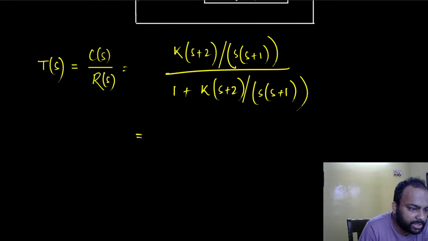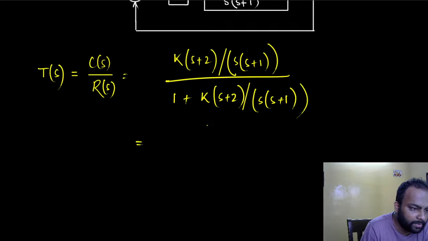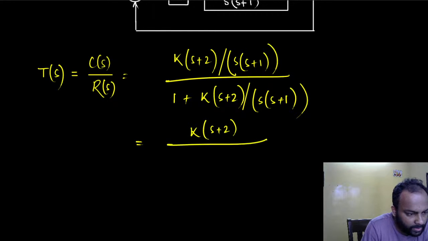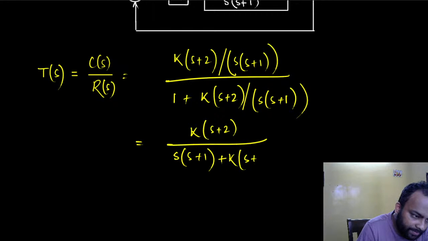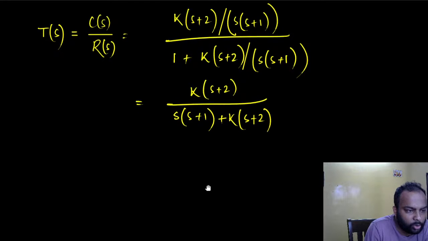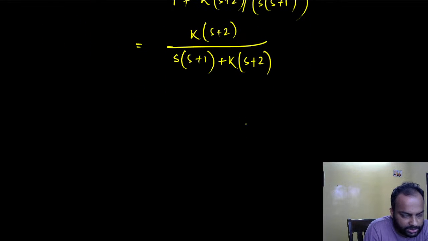And if you just do the simplification, this eventually becomes K(s+2) divided by s(s+1) plus K(s+2). So again, that's your closed loop transfer function for this particular system, right?